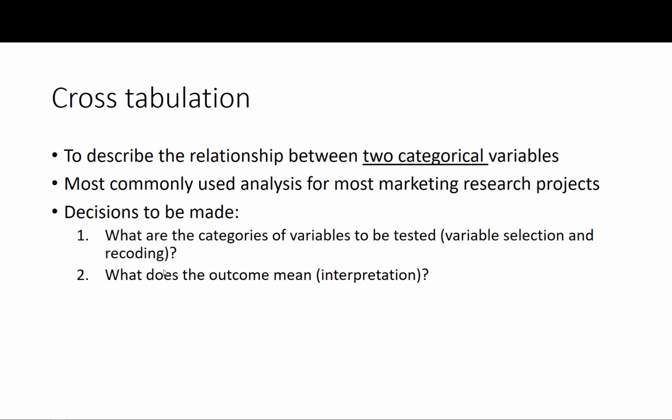It is very commonly used in analysis in marketing research projects, especially looking at describing relationships between demographic information and purchase or usage information. The decisions you need to make with cross-tabulation are: what are the categories of variables to be tested, variable selection and any recoding that you might need to do, and what does the outcome mean in terms of the interpretation.